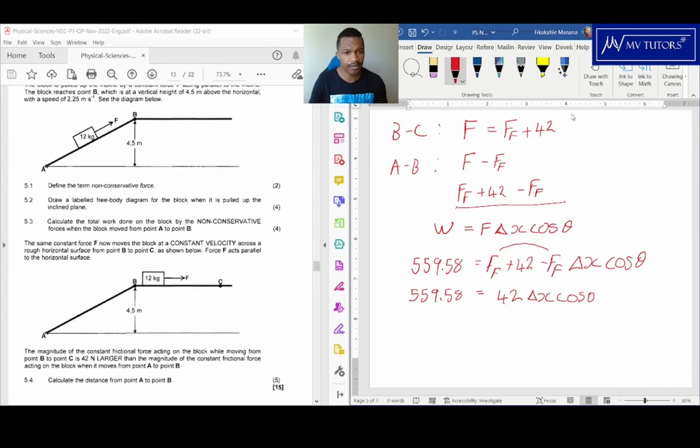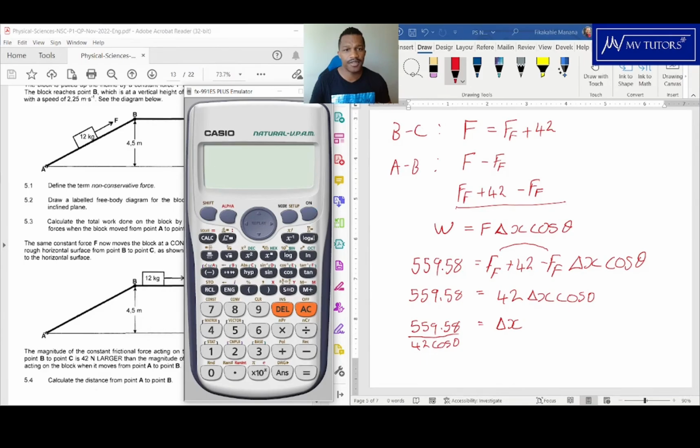Now what I'm going to do is make the change in distance the subject of the formula. So 559.58 divided by 42 and cos 0. We know that cos 0 is 1, but for the purposes of this calculation, we'll just put it there.